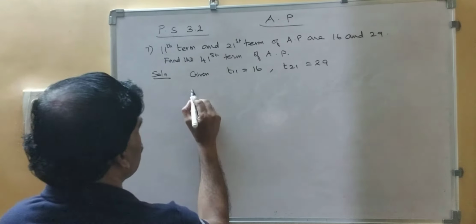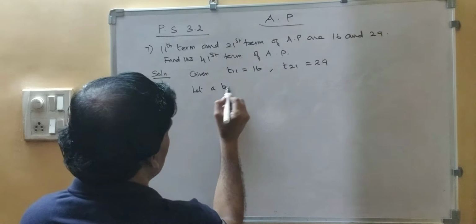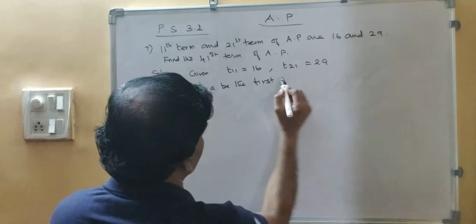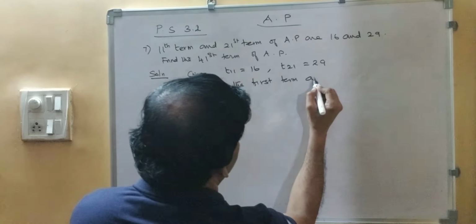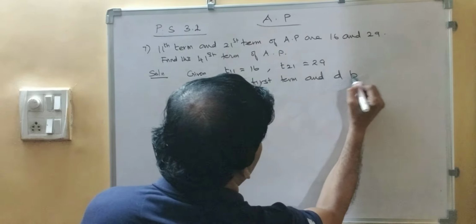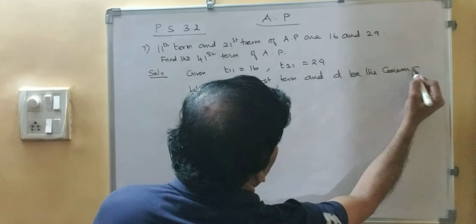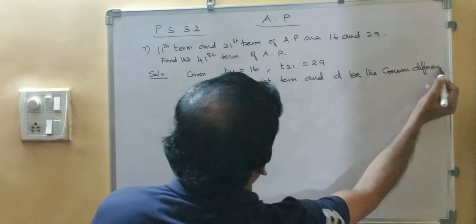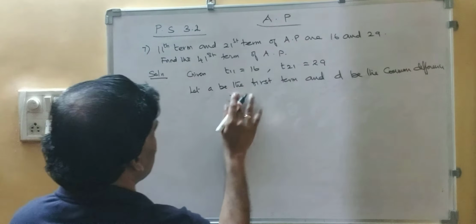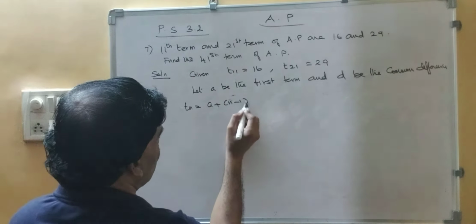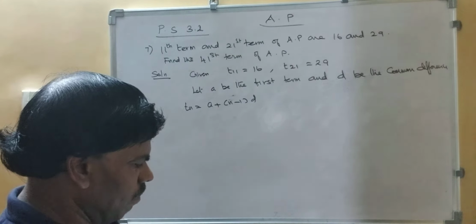Now let A be the first term and D be the common difference. Okay, now what is Tn? A plus n minus 1 into D.